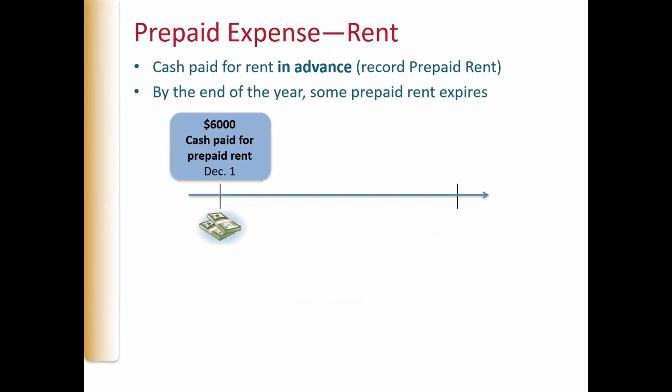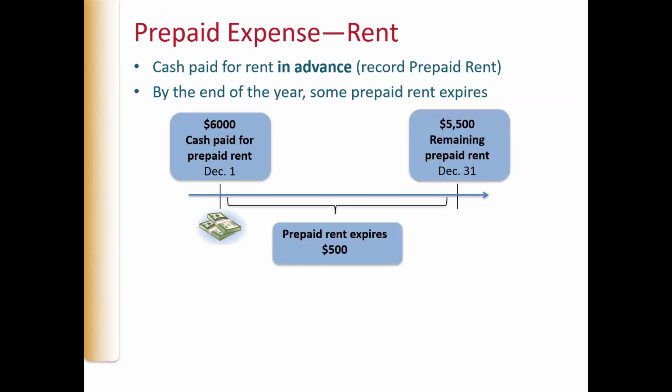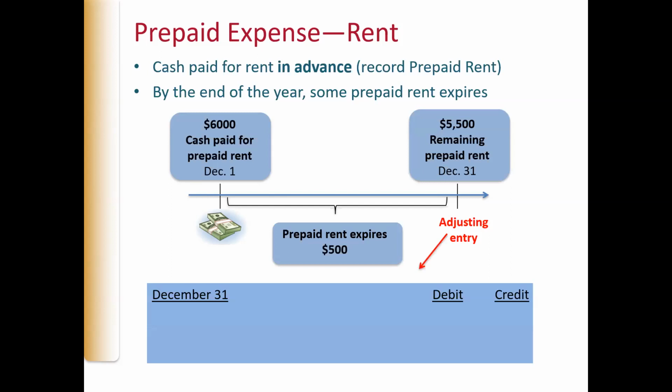Hang in there with me. Cash paid for rent in advance. We debited the asset prepaid rent, but by the end of the year, some prepaid rent expires. We paid the $6,000 December 1st, but between December 1st and December 31st, we used up $500. $5,500 is all that really remains in our prepaid rent account at the end of the year.